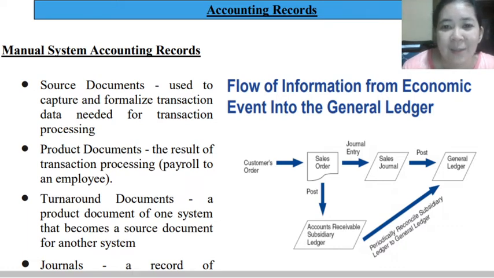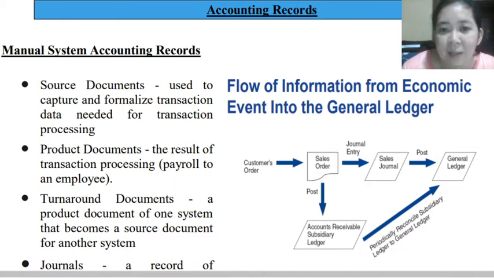But basically this is a supporting account or record. The accounts receivable subsidiary ledger is used so that the entity will monitor how much they would collect from a certain customer and for how much and when.